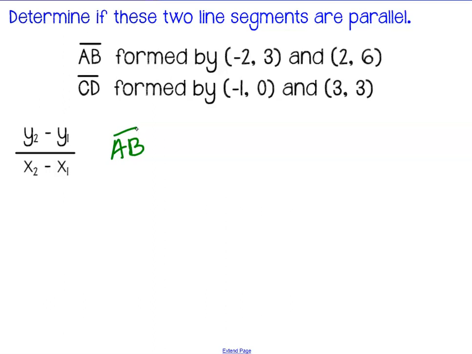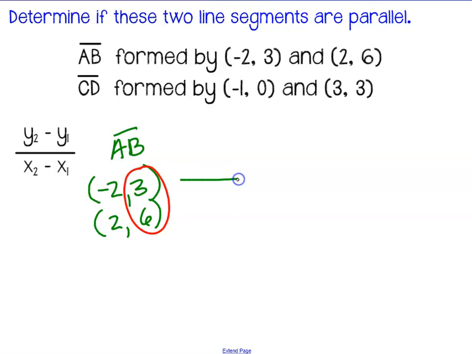So segment AB is made up of the points (-2, 3) and (2, 6). Remember, when you use your slope formula, the change in y, right, the difference of the y's is the numerator. So our y term will be 6 minus 3. And our x values in the denominator will be 2 minus a negative 2, right?